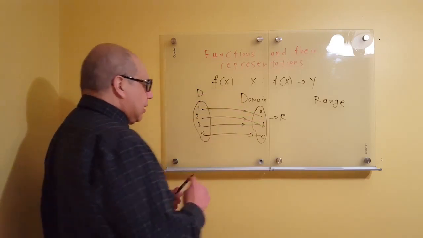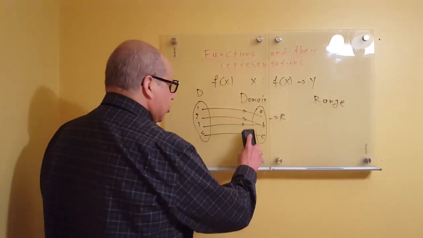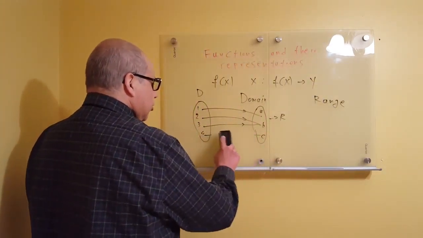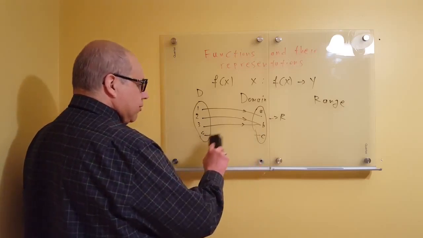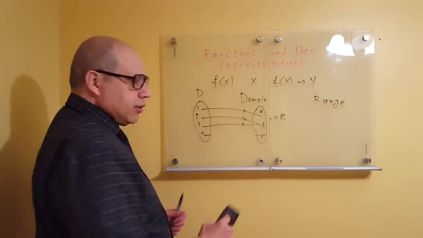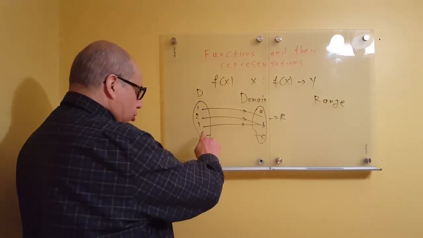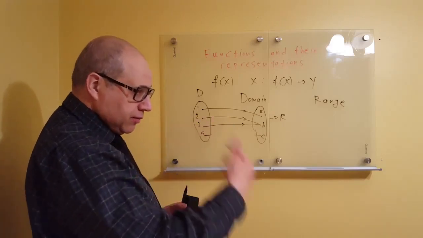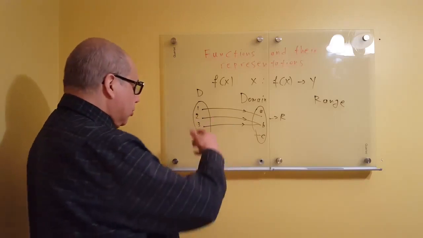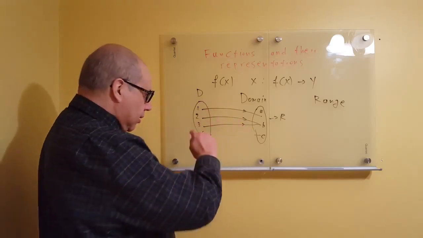But let's say from this element here, you cut the last one, and you say that from the element 4 there is no arrow going to the range. Then this is not a function, because it contradicts the definition of a function, which is that for every element of the domain there must be one.